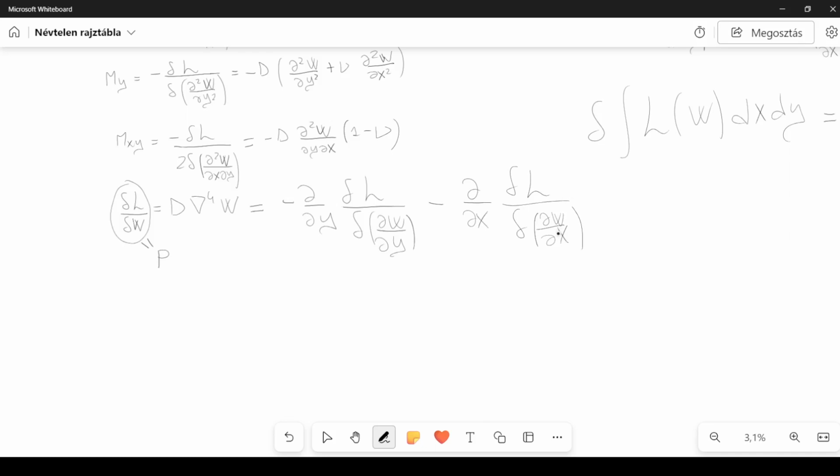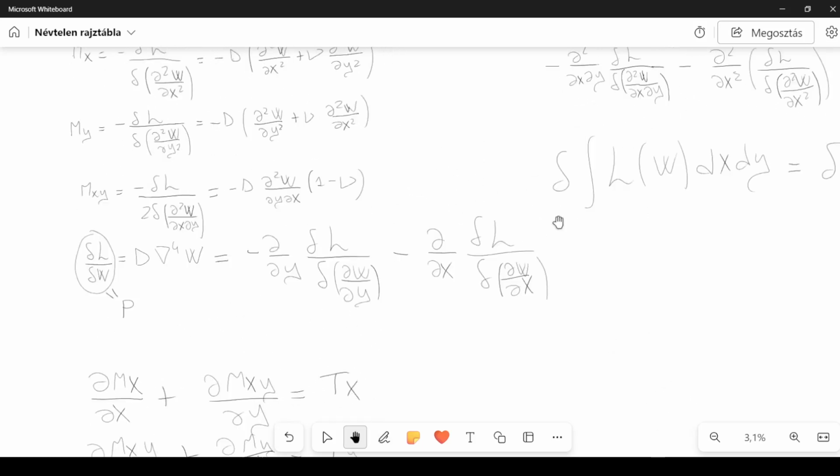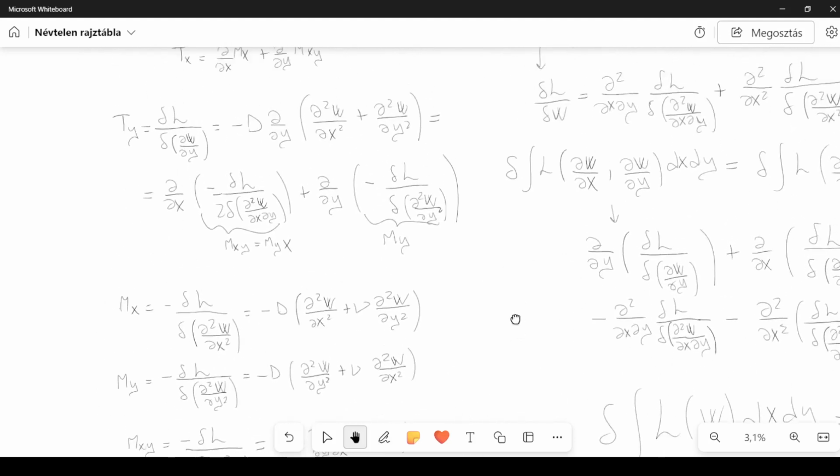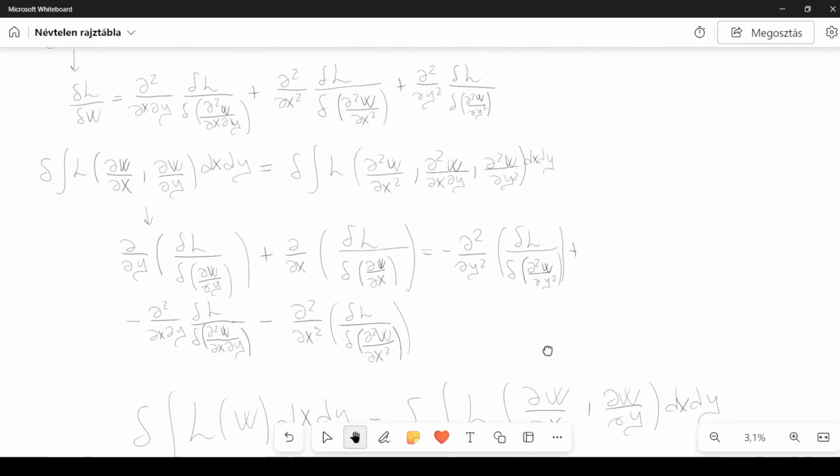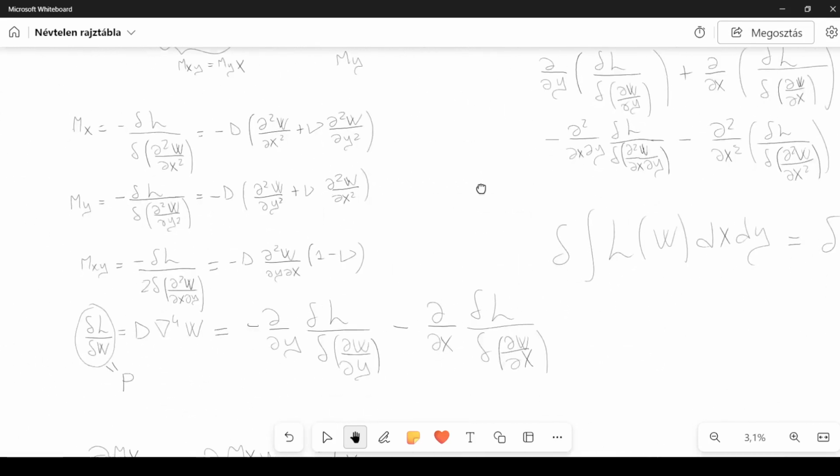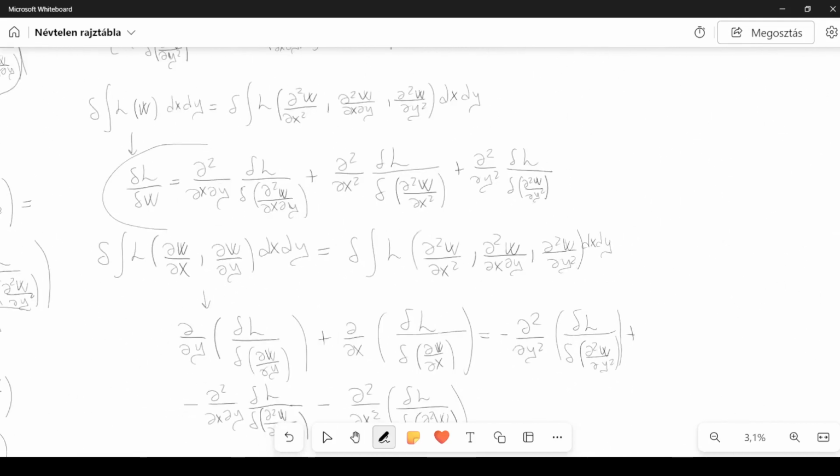Now, if we summarize what we did, basically we have found the following equations. We have found the derivative of mx, the bending moment along x, with respect to x, plus the derivative of mxy with respect to y equal to tx. We have found the derivative of mxy with respect to x, plus the derivative of my with respect to y equal to ty. Then we have also found another equation, for example in here.